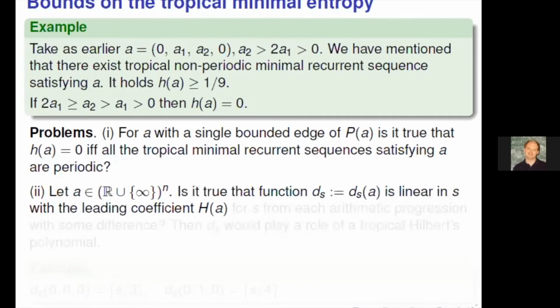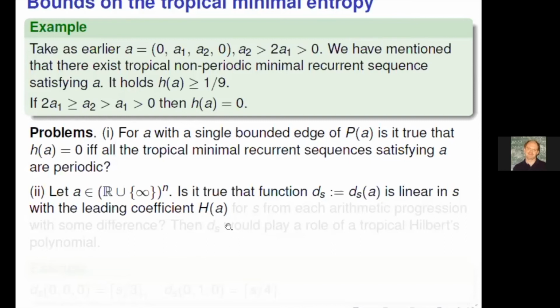Another open question: my guess would be that all these problems are difficult, and I don't see any ideas for them. Okay, and look, now we consider the question. I remind you that ds was the function of the dimension of the sequences of length s satisfying A.